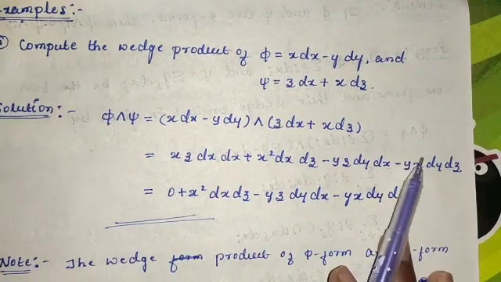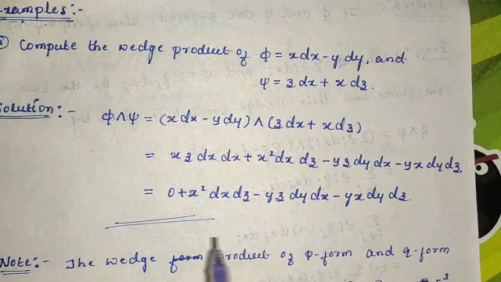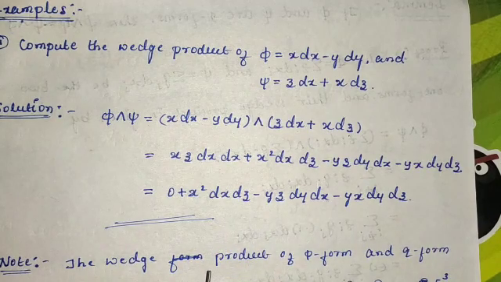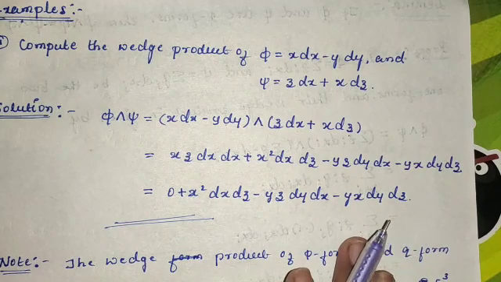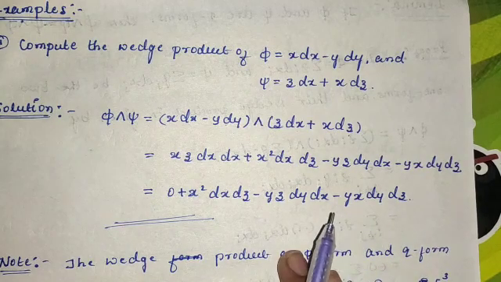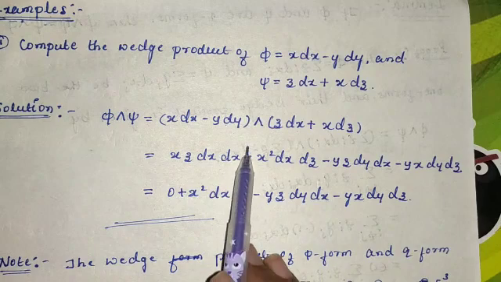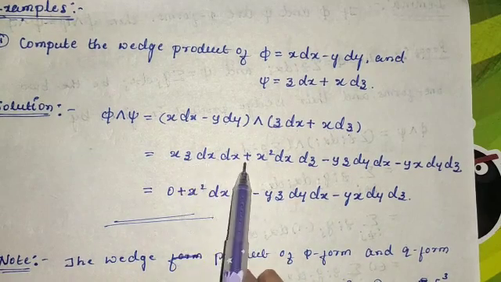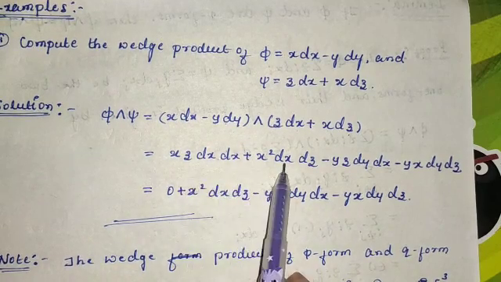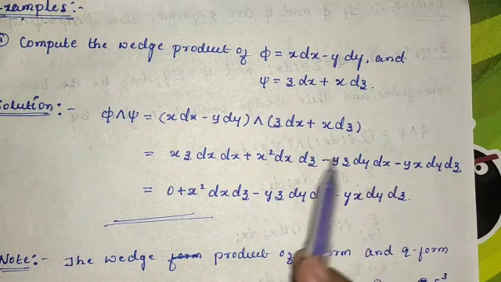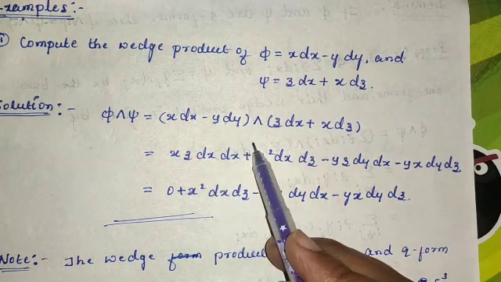Now look here, by using the previous notes: when we get a repeated dx, or repeated dy, or repeated dz, then that value becomes 0.